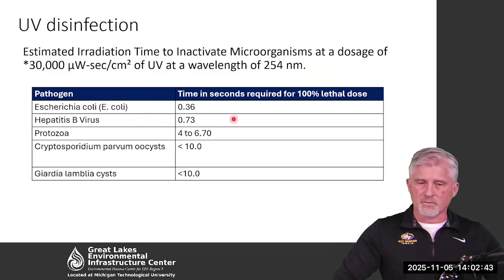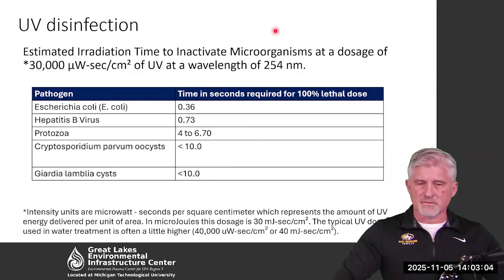You'll see that, with this dosage, E. coli is less than half a second. Hepatitis B virus is very quick. I mean, these all occur in a relatively timely manner. Now, I preface that this table shows this wavelength, but typically the UV dosage you will see is slightly higher than this.